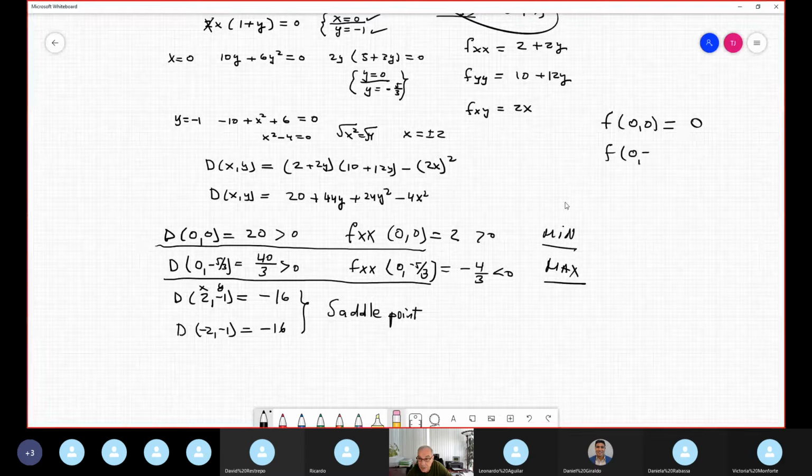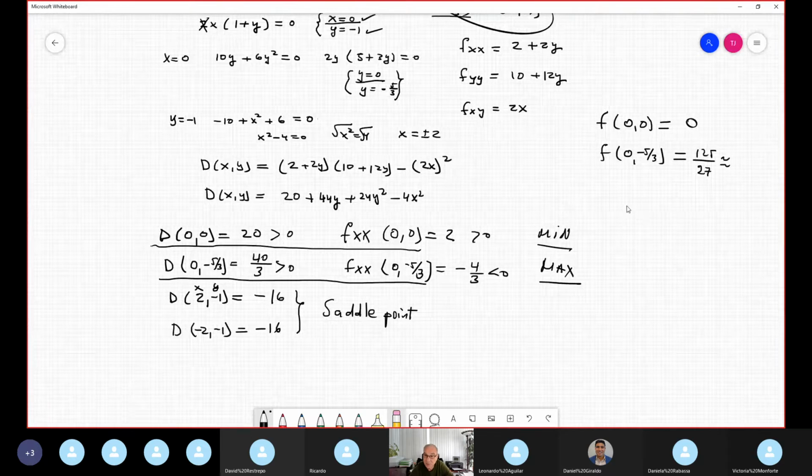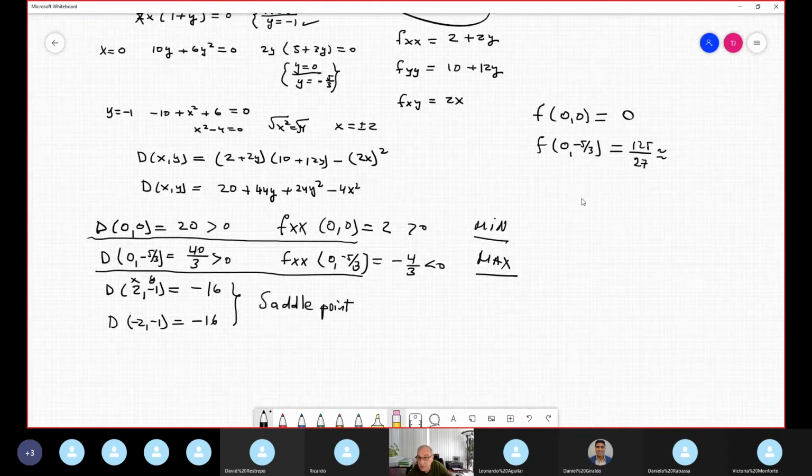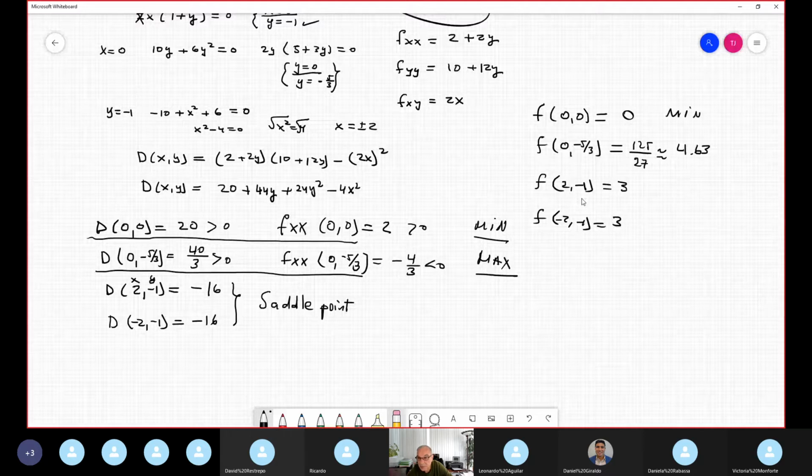At (0, -5/3), the answer is 125/27, which is approximately 4.63. So I evaluate in the original function. And the saddle points, curiosity, (2, -1) and (-2, -1). This is the minimum, and this is the maximum.